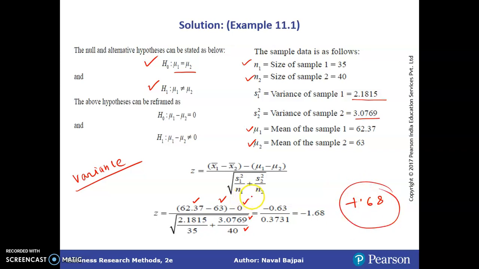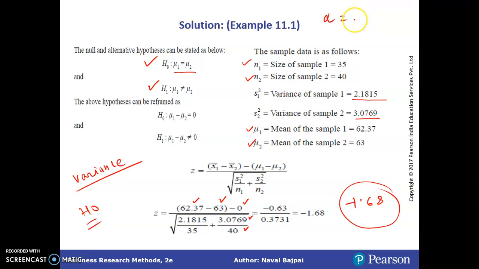Now to know how much probability this Z value corresponds to, or whether we should accept or reject the null hypothesis H0, that will depend on our critical value for Z. And the critical value for Z will depend, number one, on the level of alpha.